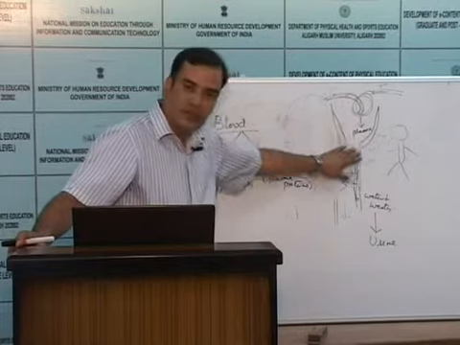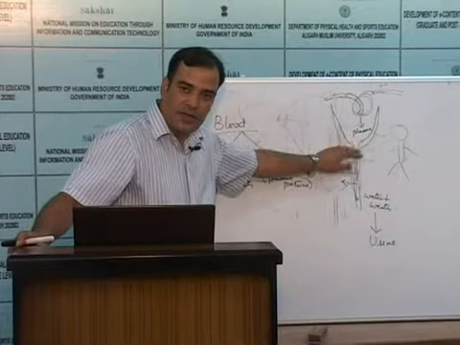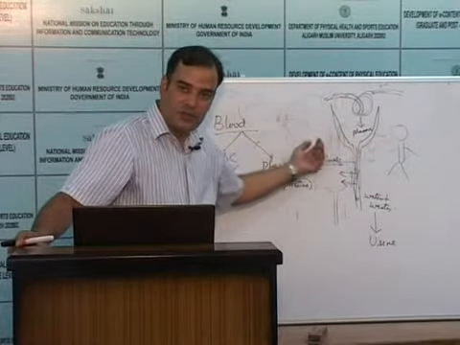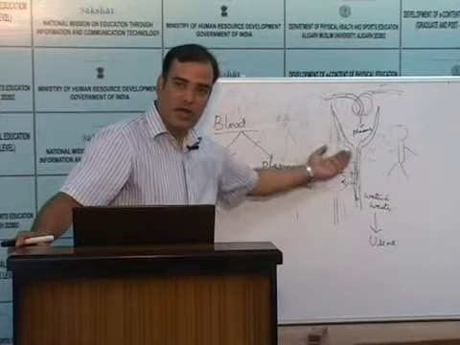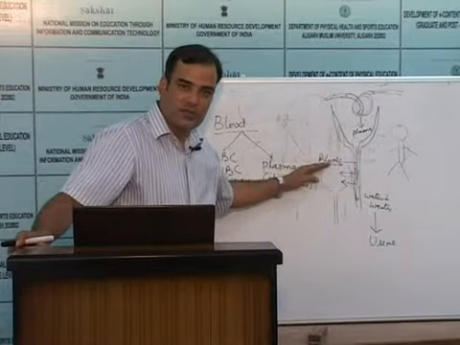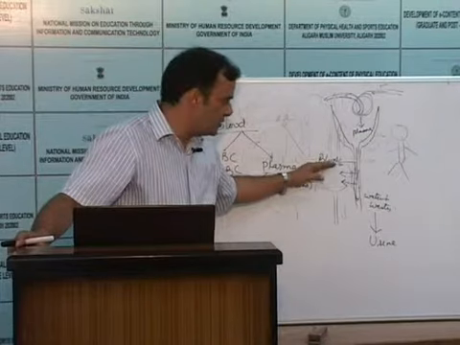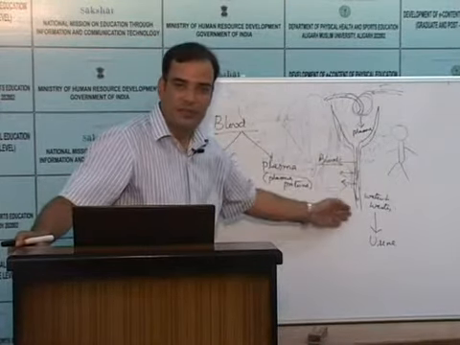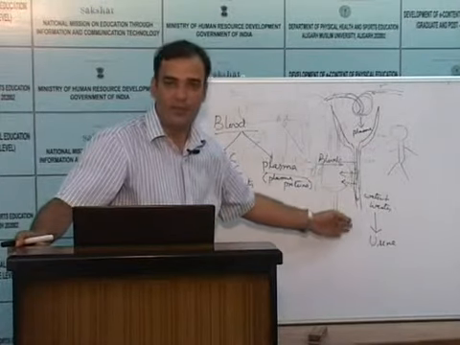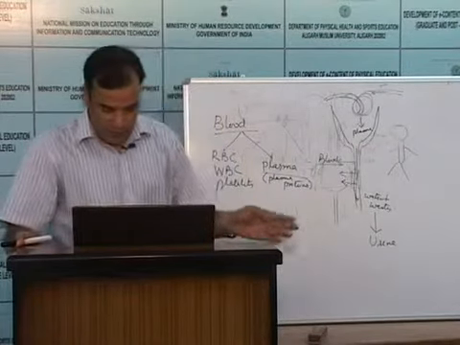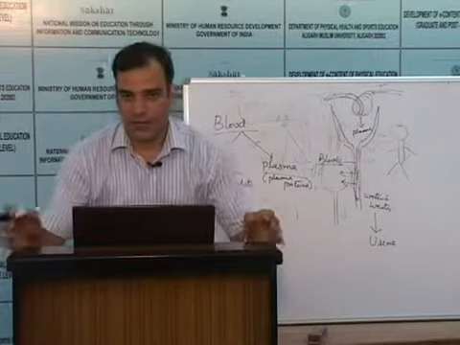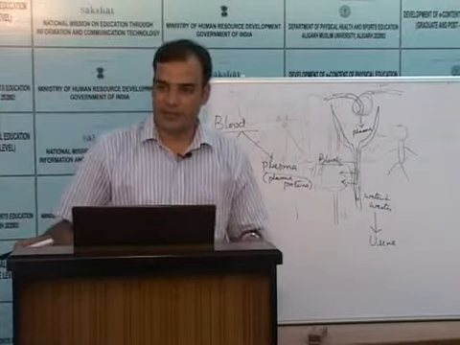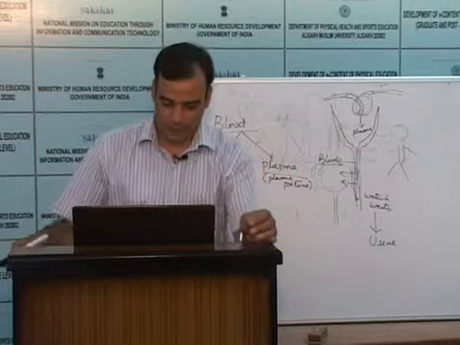While passing through the tubules, the important, essential substances are reabsorbed back. This process is called tubular reabsorption, and the water and the waste are left inside this tubule, which later forms the urine. Now this process of reabsorption, or taking back of the useful substances, is a selective process.